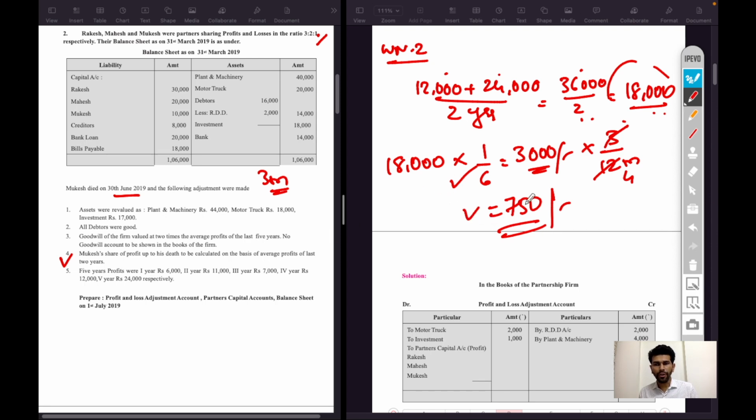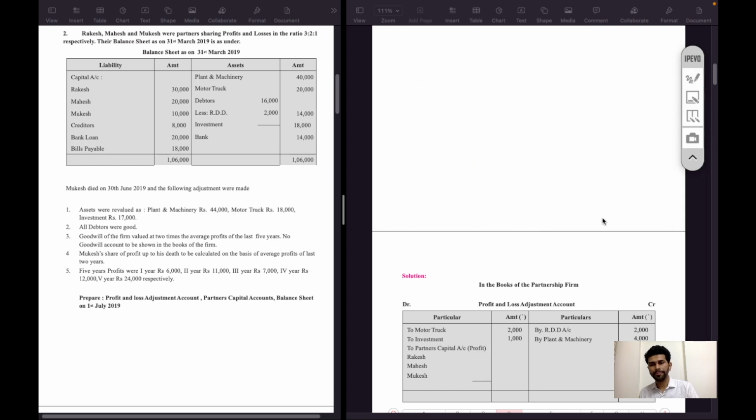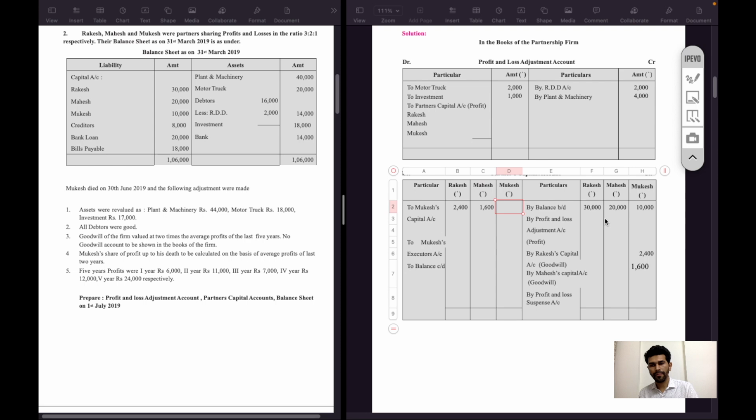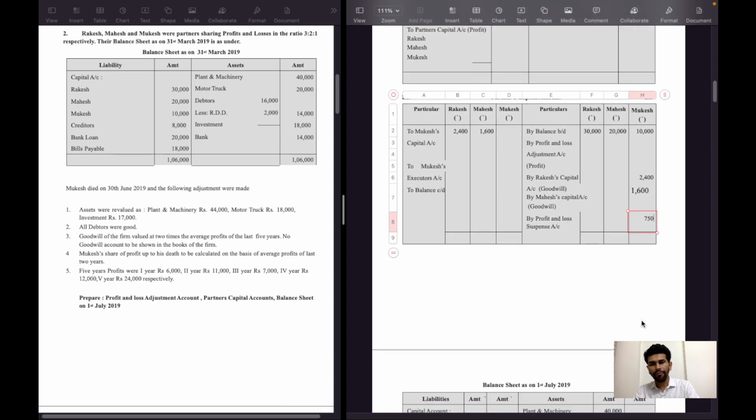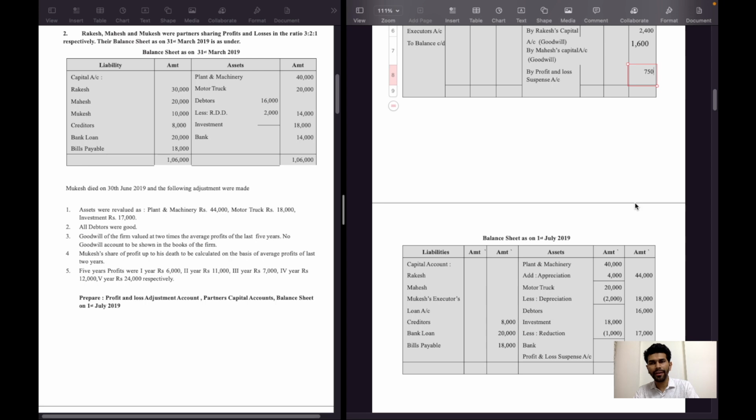So 750 rupees will be recorded on partners' capital account credit side, profit and loss suspense account in Mukesh column 750 rupees. And the second effect will be on balance sheet asset side. Remember, profit and loss suspense account is created because it is not the actual profit.